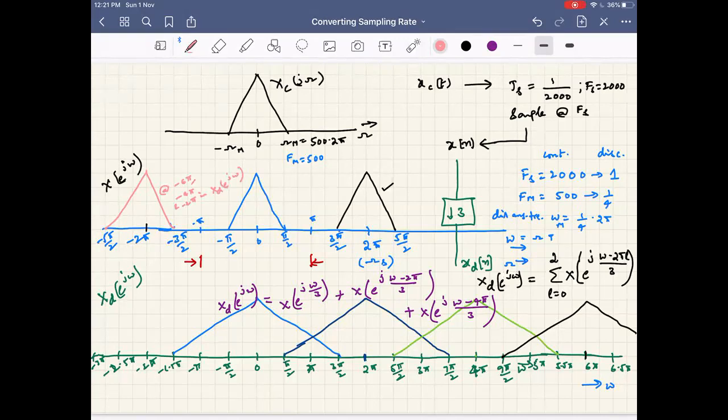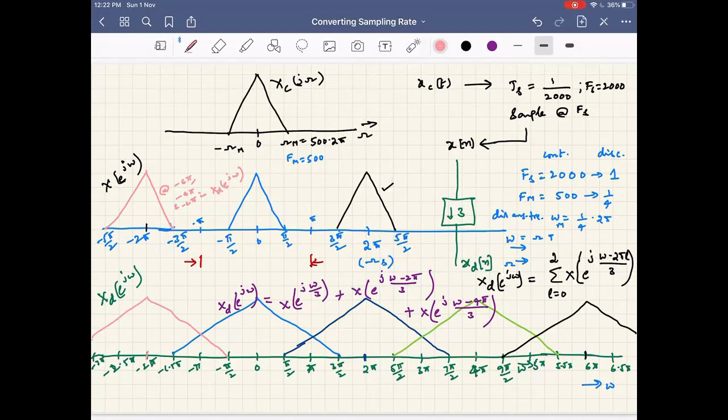Okay, so we'll only sketch at minus 2 pi. So from where to where will it go? Minus 2 pi, that is minus 3 pi by 2. Right?